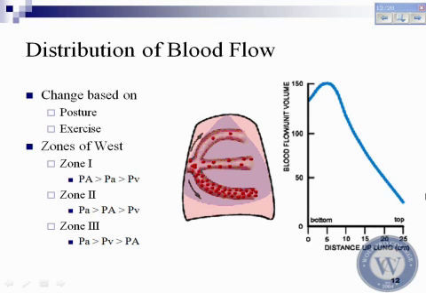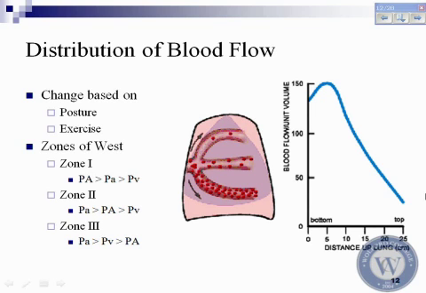Alveolar pressure is P big A, which is the actual pressure inside the alveoli. P little a is the pressure on the arterial side, and P little v is your venous pressure.